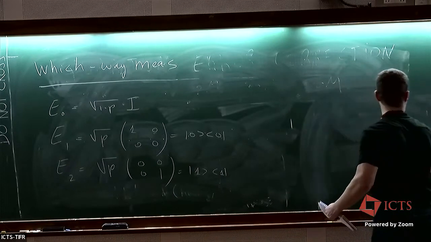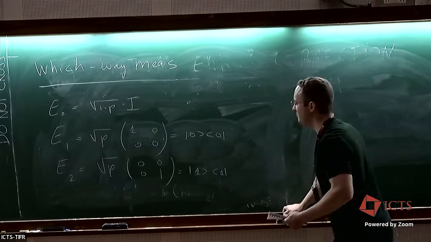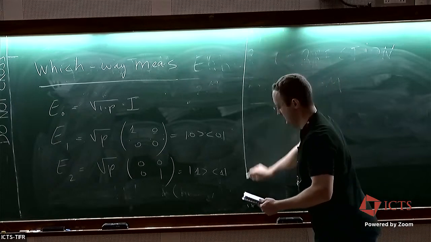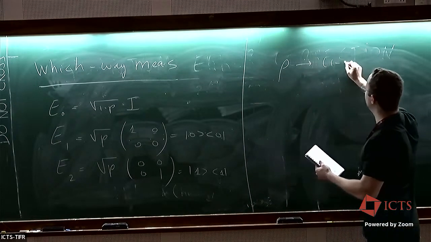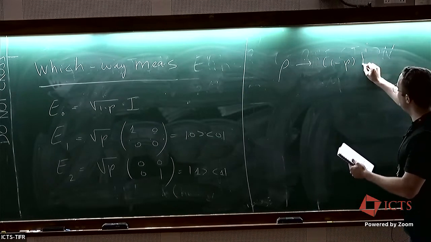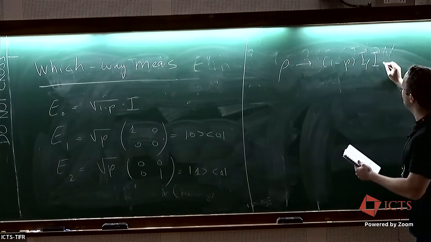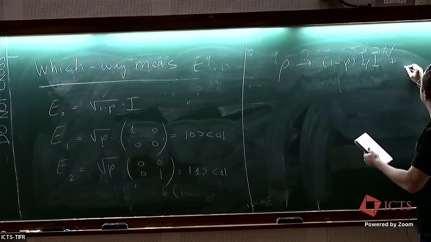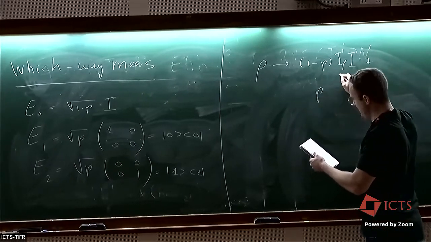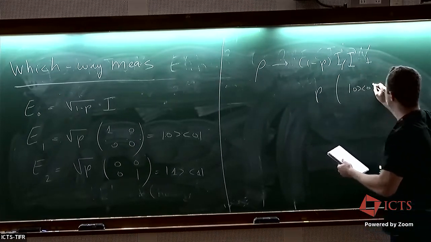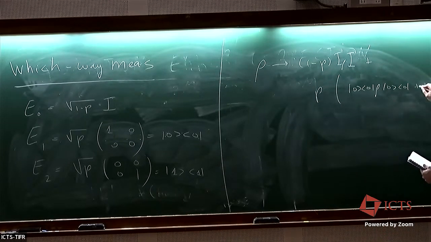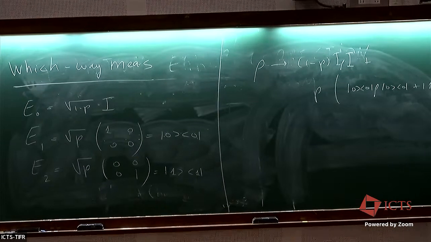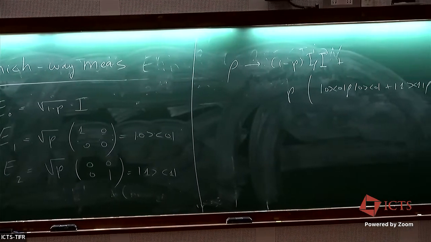The thing is, you can rewrite these Kraus operators. Let's see how. So rho goes to (1 minus P) times identity rho identity plus P times (|0><0| rho |0><0| plus |1><1| rho |1><1|). So far, so good.